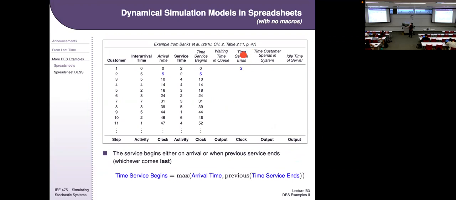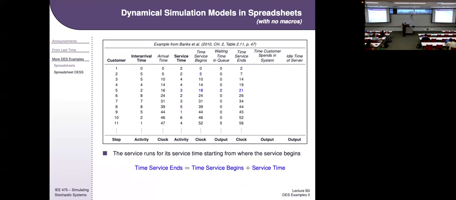So I'm saying that time service ends depends upon time service begins, but begins depends upon ends. Now, the key here is that each time service begins depends upon the previous time service ends, whereas each time service ends depends on the current time service begins. And that's what makes that work.